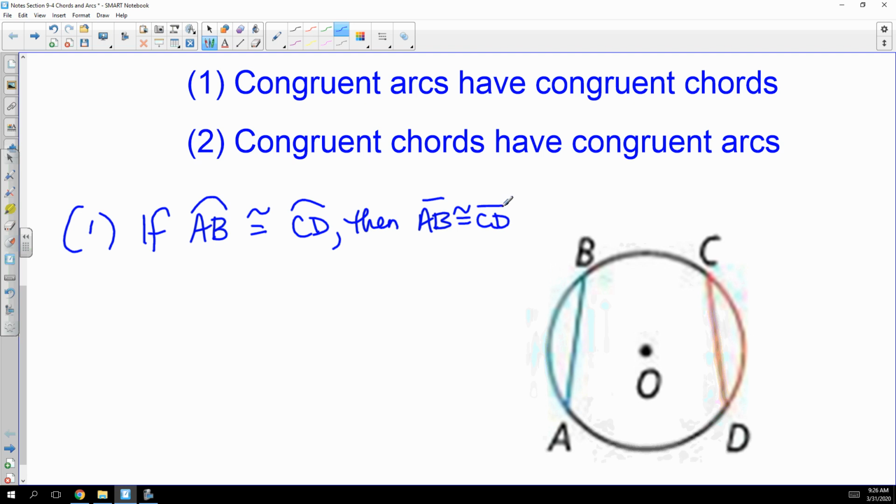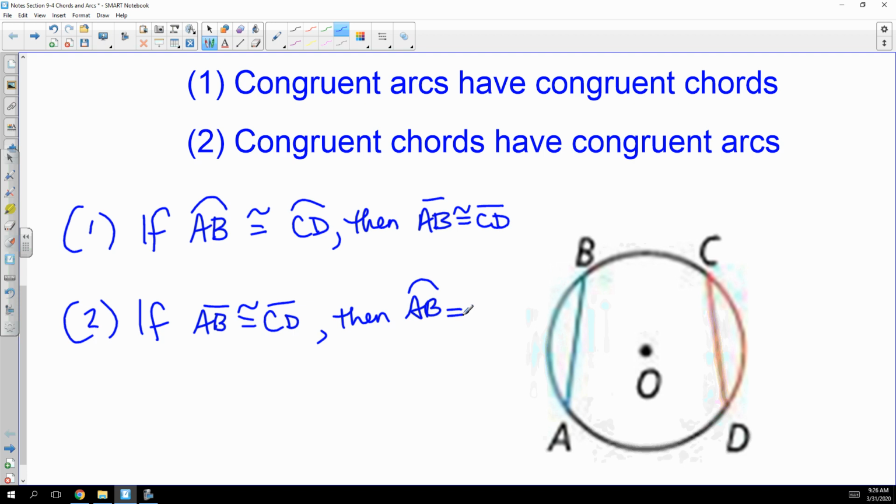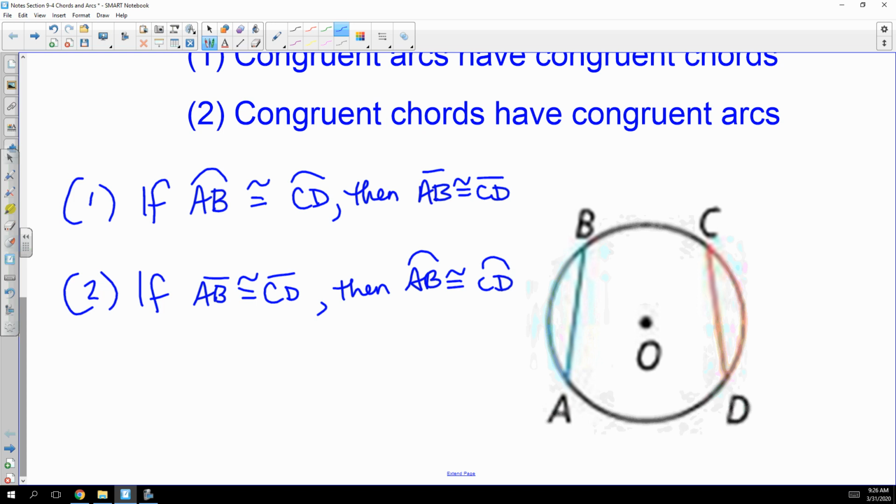And the converse of that is also true: if chord AB is congruent to chord CD, then arc AB is congruent to arc CD. That's just two statements kind of combined into one.